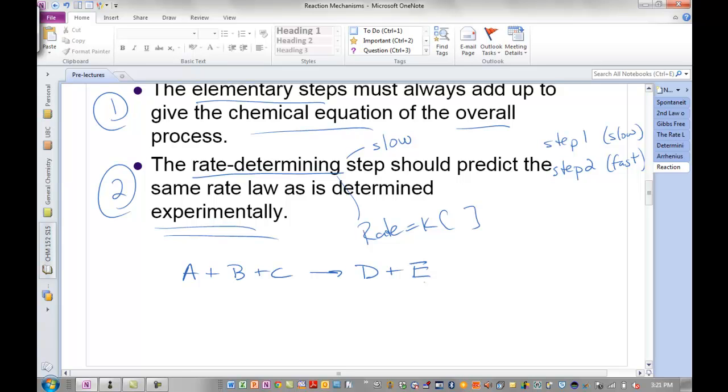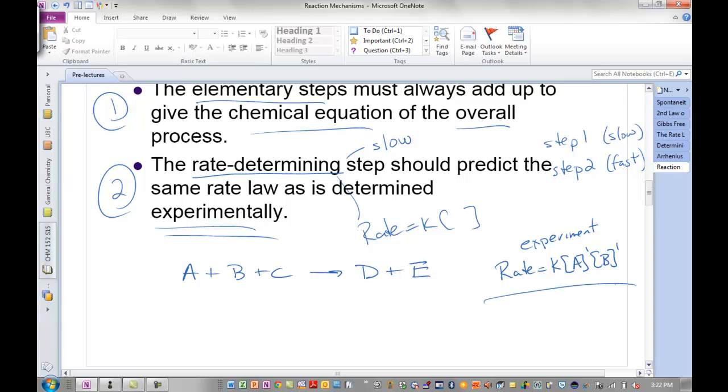And then I run the experiment, and I figure out that my rate is equal to rate constant times A to the first power, B to the first. So my reaction, and this is determined from experiment, rate is dependent on concentration of A, first order, concentration of B, first order. C is not in the rate determining step.